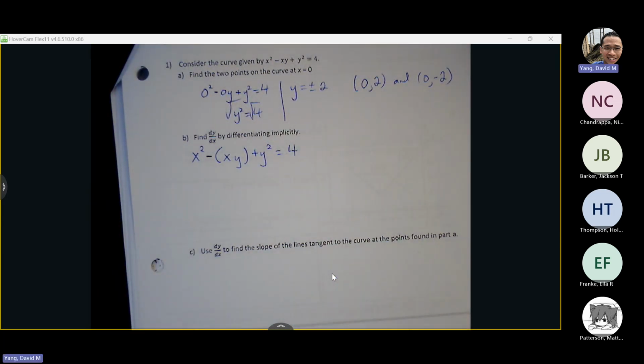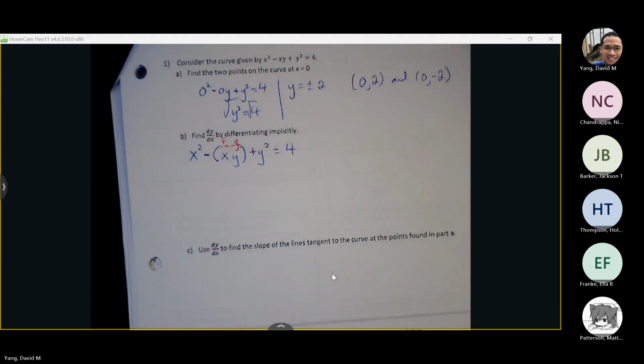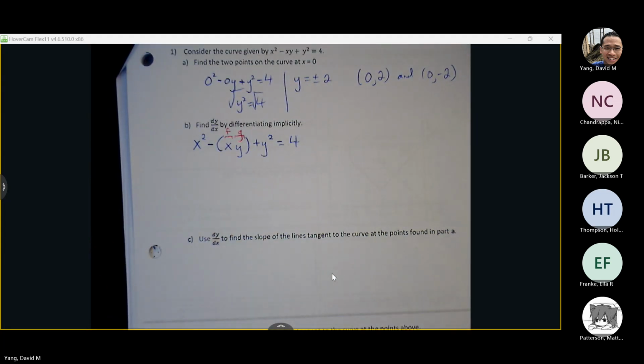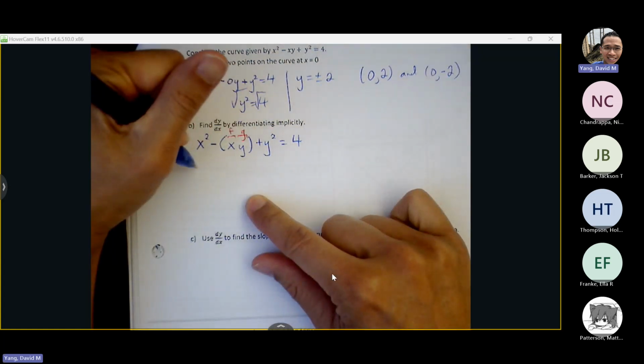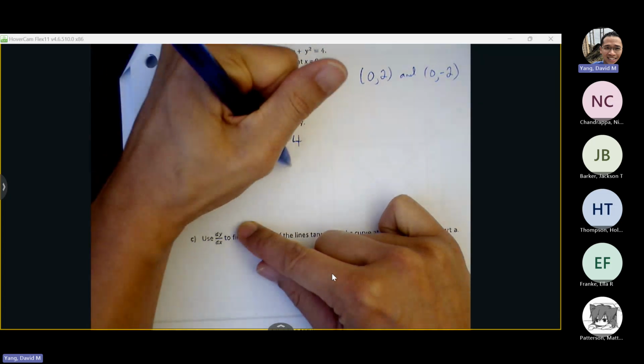I'm just going to set it up to show what I'm about to do here. Product rule here. So x squared becomes 2x minus.